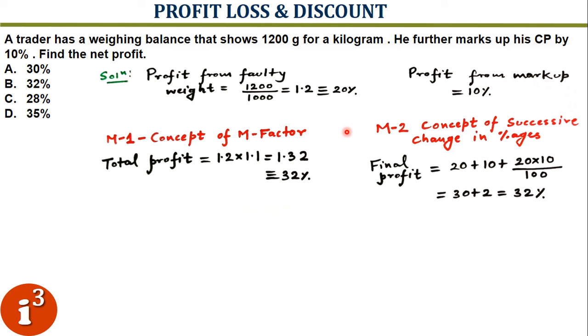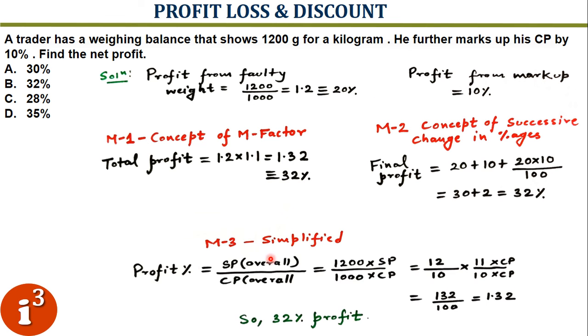But the method we will use frequently in our problems is this one, that is profit percentage, means the multiplying factor we need to calculate, that is SP overall by CP overall. So SP, he is claiming to be 1200, but actually giving 1000. So 1200 by 1000 into the markup SP by CP, that is 10% markup, means 11 by 10.